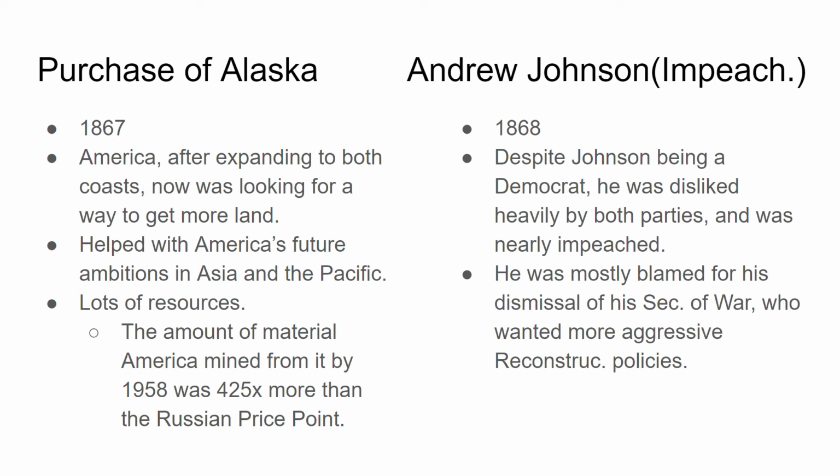So the purchase of Alaska has a lot of resources, and it was bought by America from the Russian Empire, Russian Tsardom, and it was looking to expand to both coasts. And at this time, America has expanded from what we call sea to shining sea, and it's trying to get more land. This helps a lot with future ambitions in Asia and the Pacific.